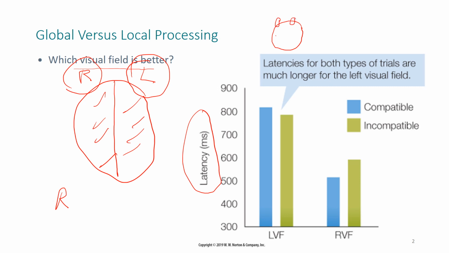This is your right eye, this is your left eye, and this is the visual field. Any stimuli you show here will be processed by the right side here, and vice versa. So they found that the latencies of both types of trial are much longer for the left visual field. Much longer.